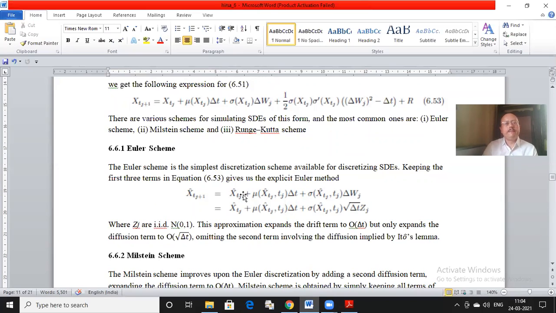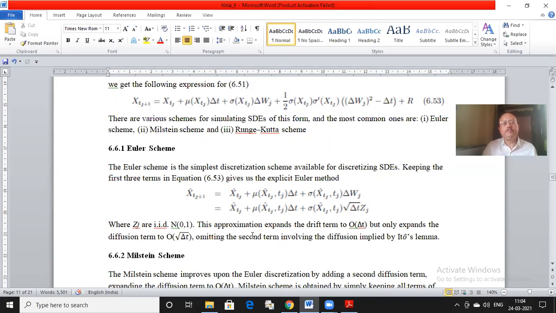So Euler scheme simply ignores the sigma sigma prime term, this second derivative term, and uses only the linear part here to arrive at an approximation for x.